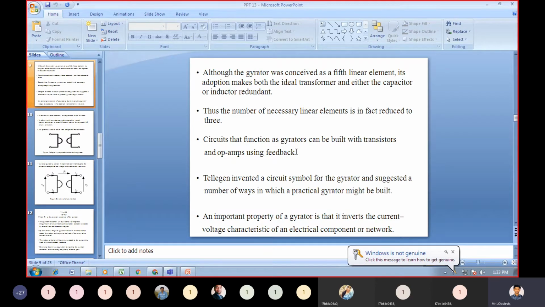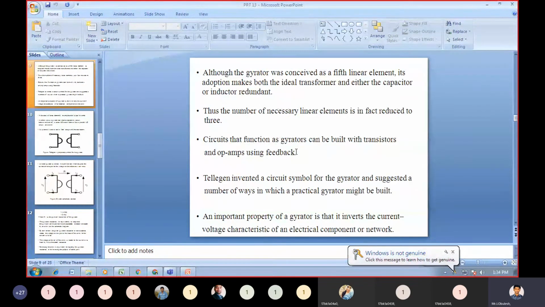An important property of the gyrator is that it inverts the current-voltage characteristics of an electrical component or network.